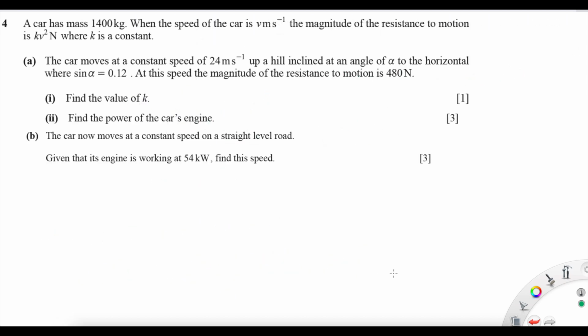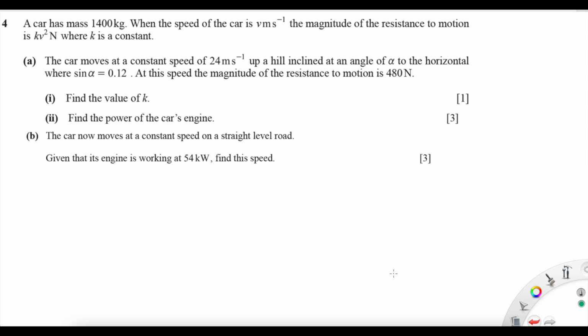Question number 4. A car has a mass 1400 kg. When the speed of the car is v meters per second, the magnitude of the resistance to motion is kv squared newtons, where k is a constant. Part A, the car moves at a constant speed of 24 meters per second up a hill inclined at an angle of alpha to the horizontal, where sine of alpha is 0.12.